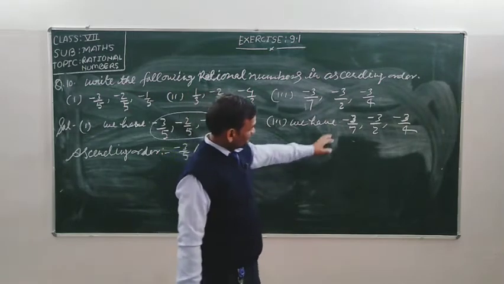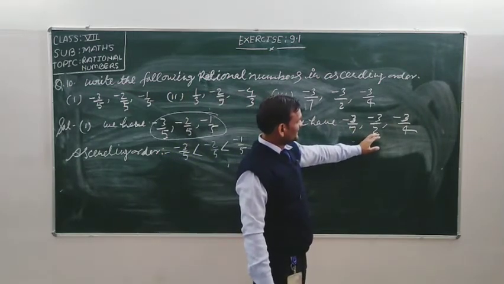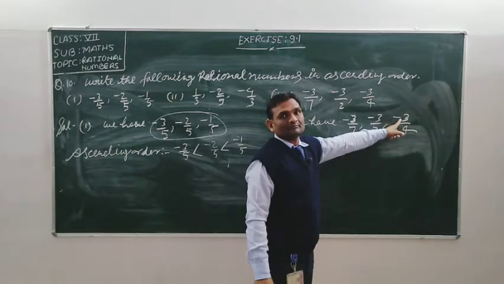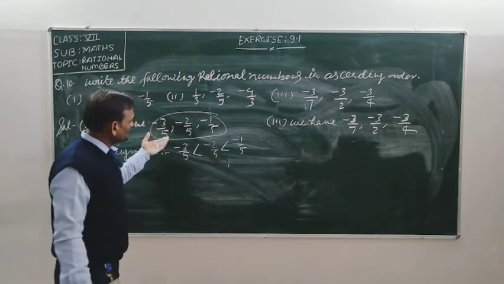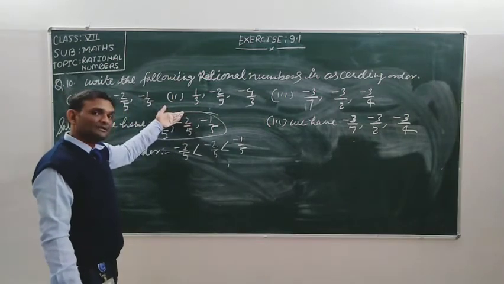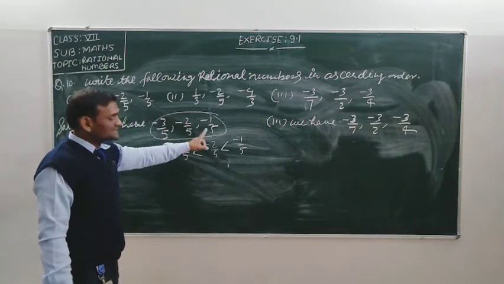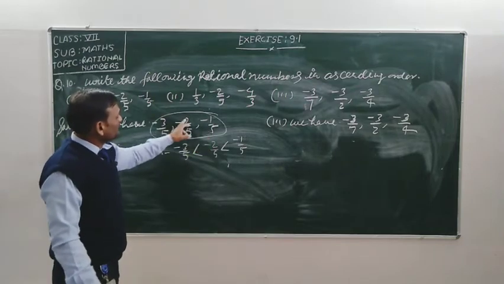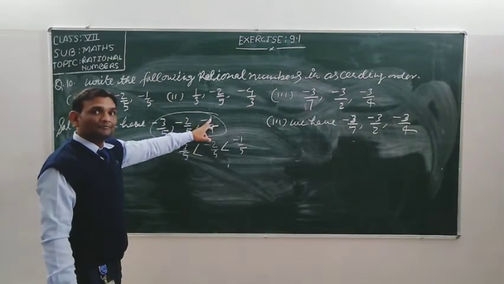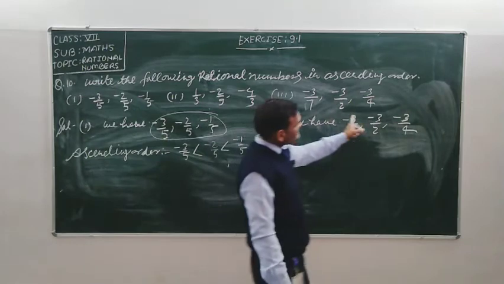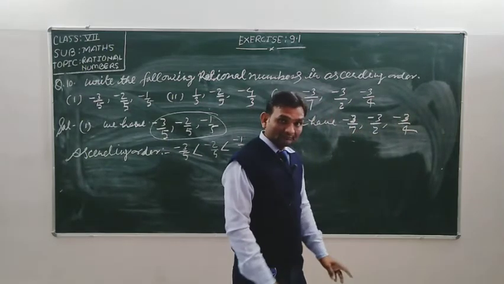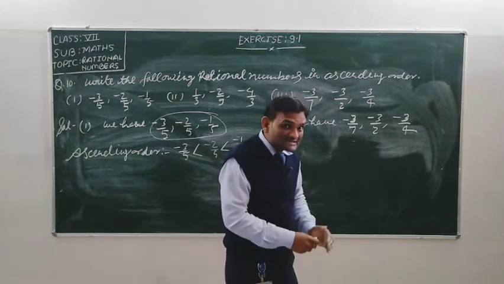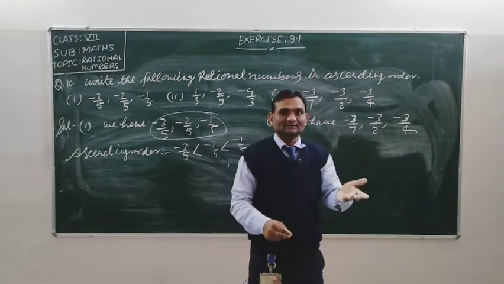Student, in this case you are seeing that numerators are same and denominators are different. If denominators are same, then you will compare only the numerator, and if the numerators are same, you will compare the denominator. But you will write opposite.